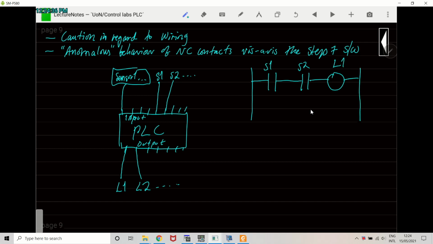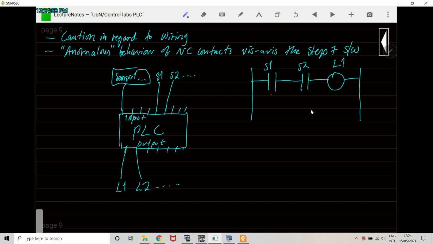The ladder diagram is just a representation of the actual program or circuitry you're creating inside the PLC. It does not correspond to the wiring outside of the PLC.